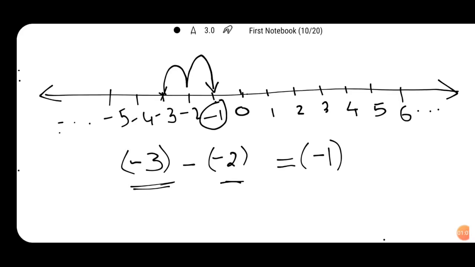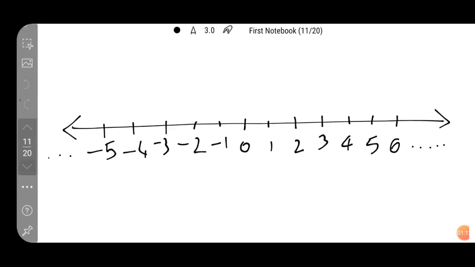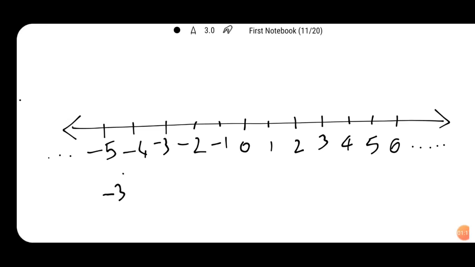Now one more case is left. Which is that case? The first one is negative and the second one is positive. That is negative 3 minus positive 2. So again, as we said before, we will start from the first number, that is negative 3. We want to subtract 2 from that.